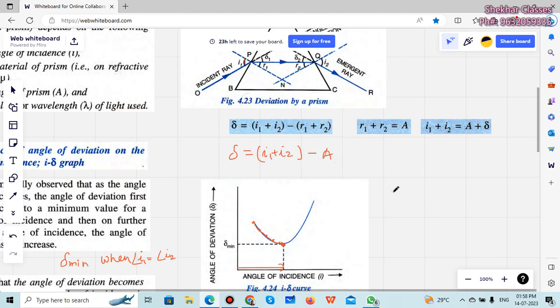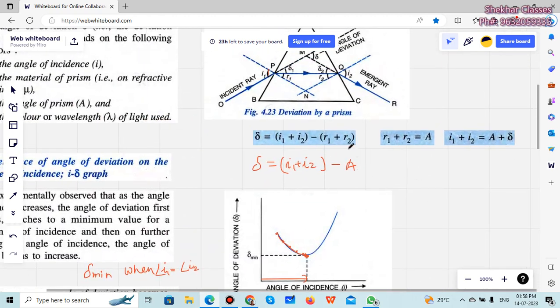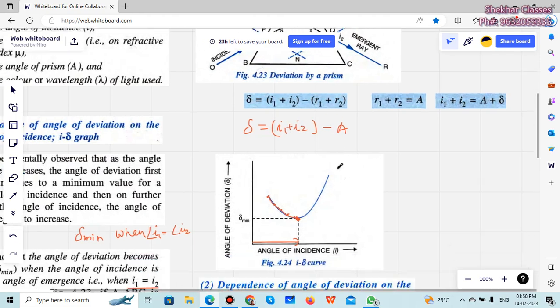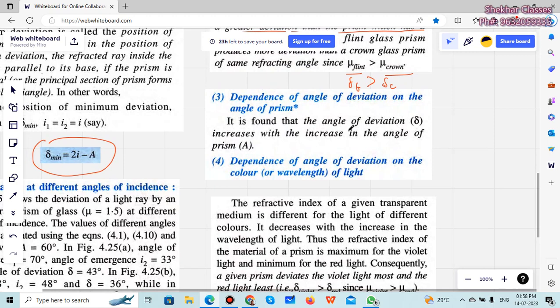Anyhow, we have to take whatever they have mentioned in the book. Logically, when I applied it, it looks like if we increase this, the deviation will decrease because we are subtracting it. But it has been mentioned here with a star. So remember, if A increases, then the deviation also increases.